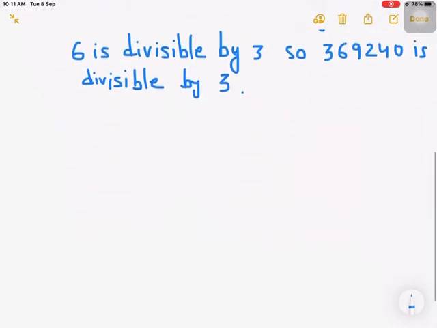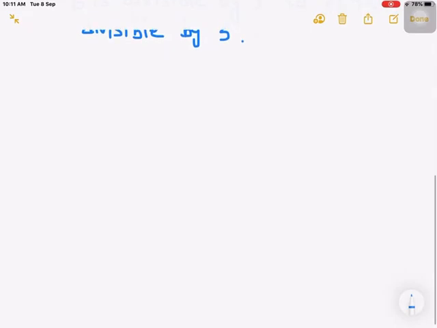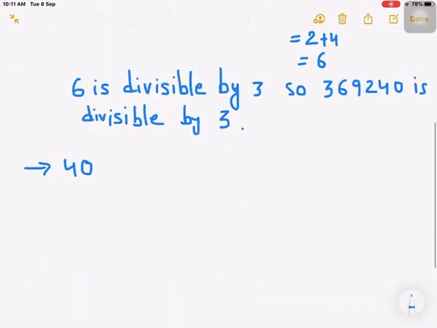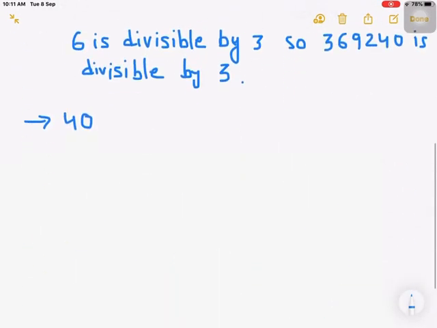Now the second condition: what are the last two digits? The last two digits are 40, isn't it? The last two digits are 40 here, so it must be divisible by 4.